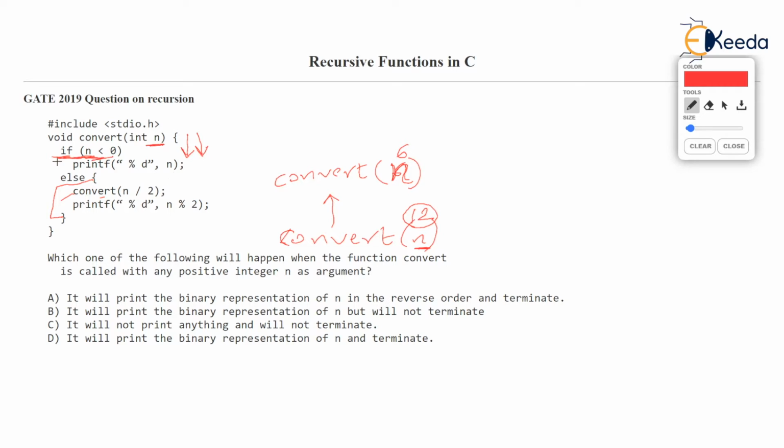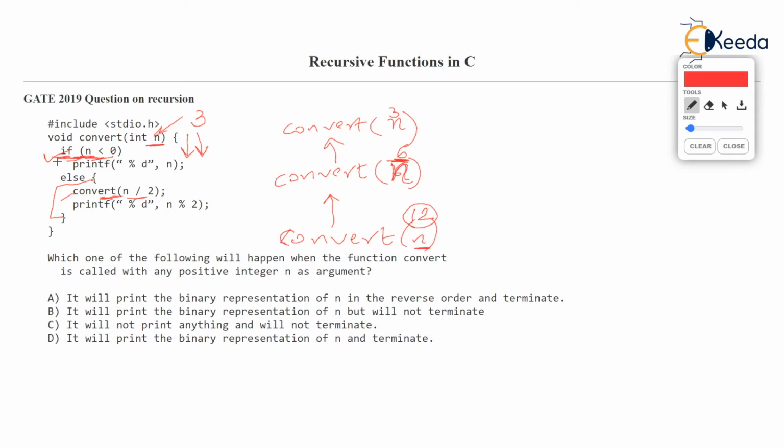Now what? Again the same statements. If n is less than 0, no way. n less than 0 is false because n is 6. So else will run, and there comes the convert call, convert n by 2. So this function is going to call convert 6 by 2, which is convert 3. So n now is 3. If you restart the function with n equal to 3, then n less than 0 is still false.